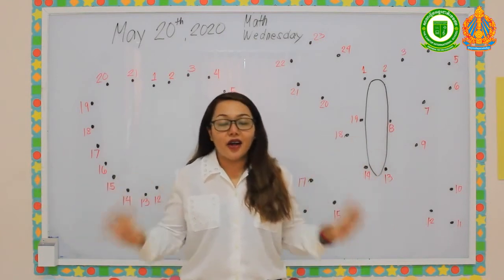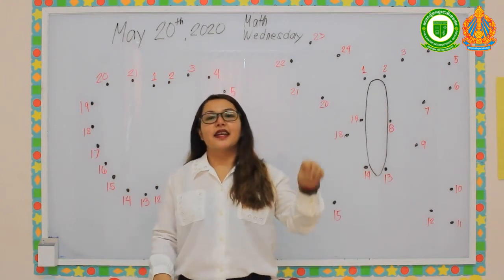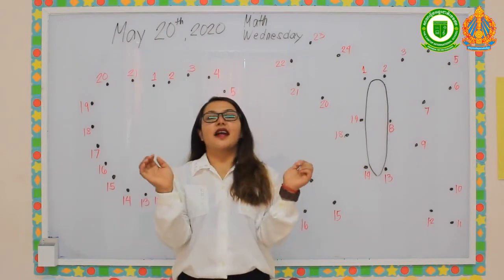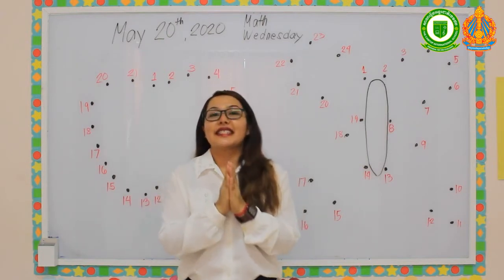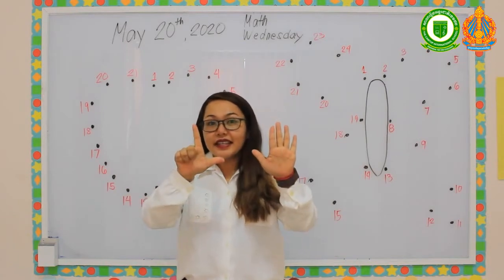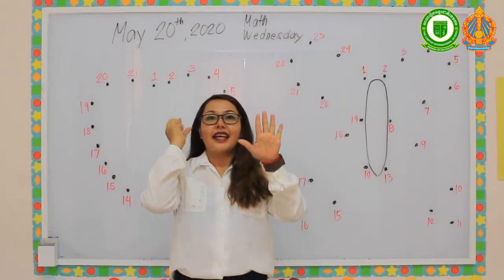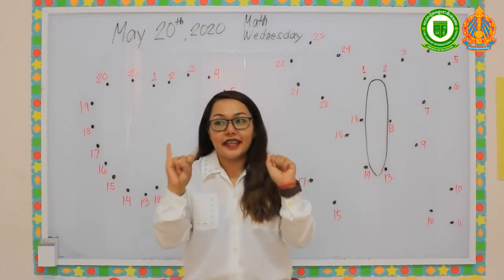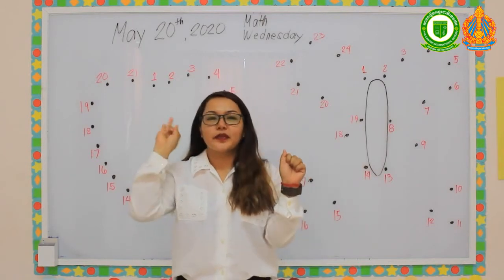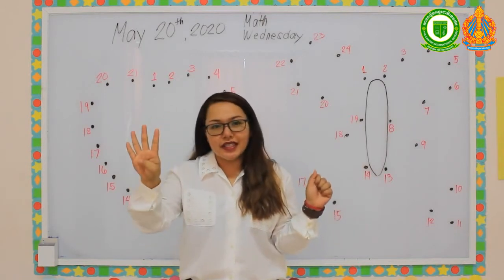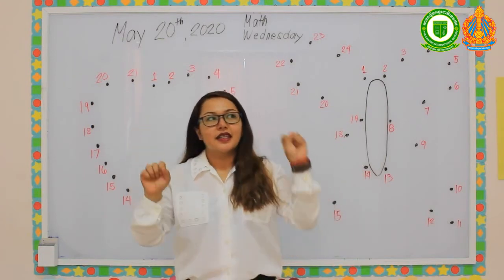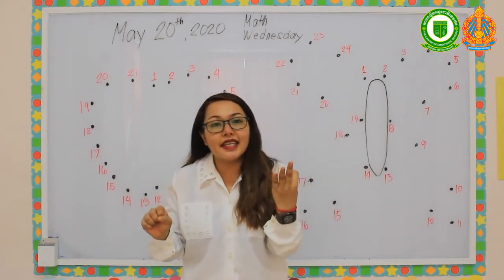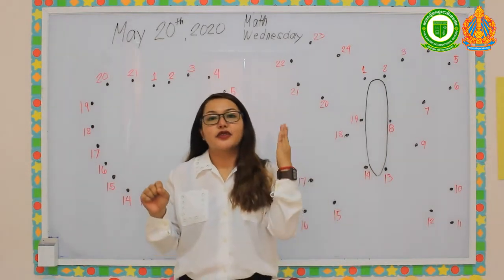So let's count all together. 1, 2, 3, 4, 5, 6, 7, 8, 9, 10, 11, 12, 13, 14, 15, 16, 17, 18, 19, 20.